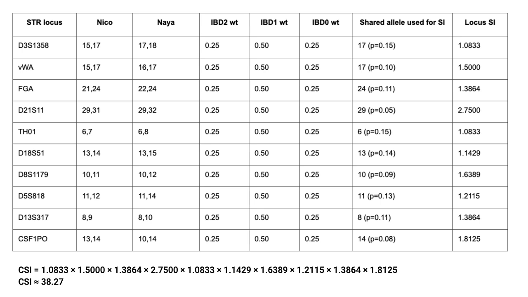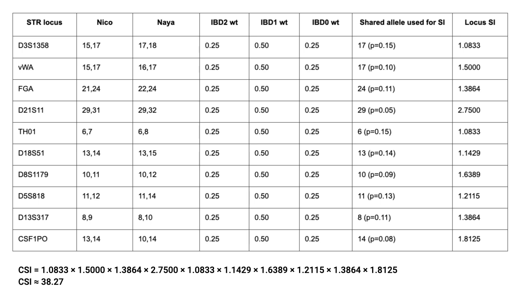Each of these outcomes carries different evidentiary weight. Sharing 2 alleles strongly suggests common ancestry. Sharing 1 allele provides moderate support. Sharing no alleles weakens the sibling hypothesis.